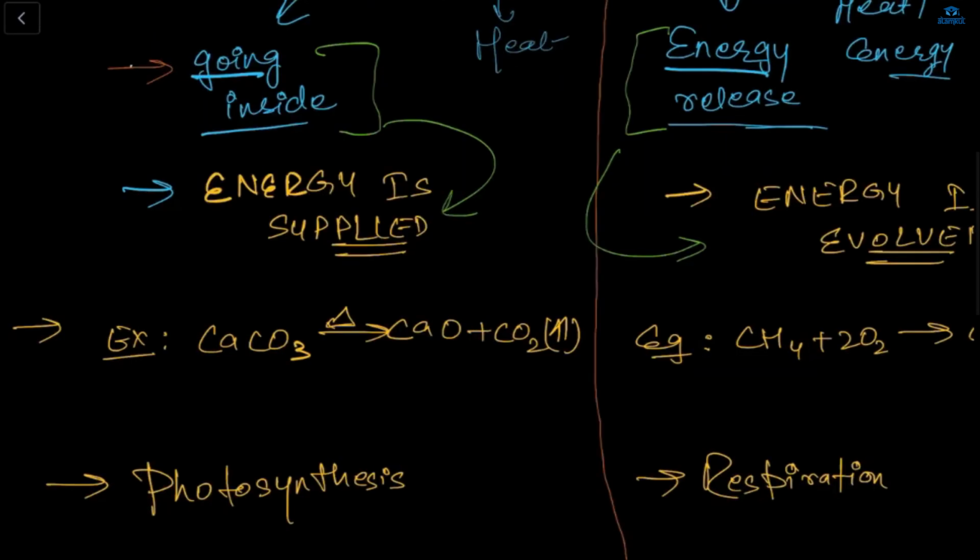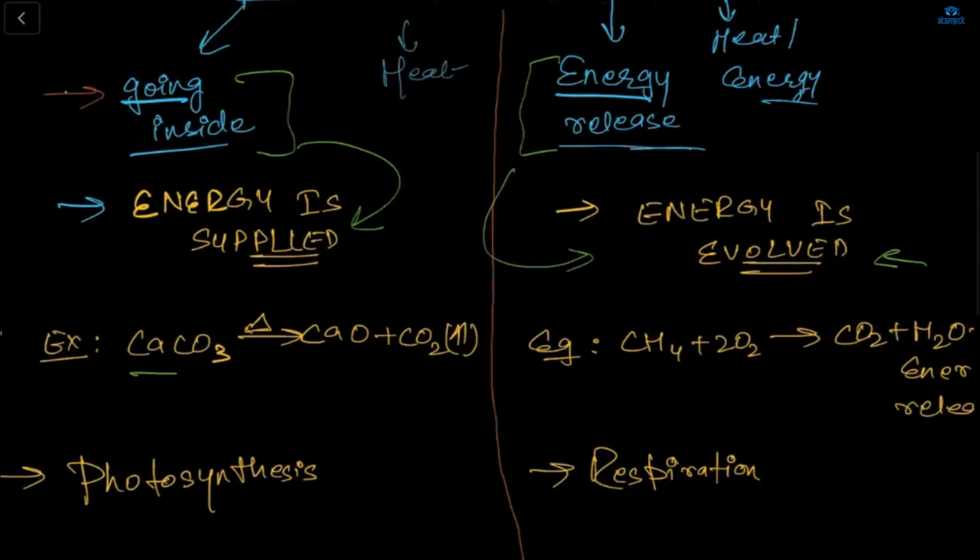Okay, and these are the two equations. Like CaCO3: when we heat this calcium carbonate, we will get CaO and carbon dioxide. Here, when I am supplying the energy, this CaCO3 forms these two products, CaO and carbon dioxide.